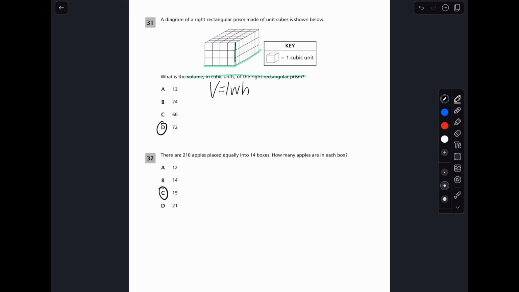So I can clearly see this is 3 tall, 4 in this one, and here I have 1, 2, 3, 4, 5, 6. So my dimensions are 3 times 4 times 6. The order doesn't matter. 3 times 4 is 12, and 12 times 6 is 72 cubic units.